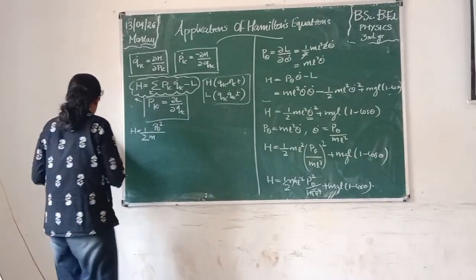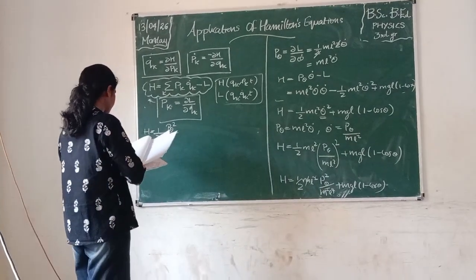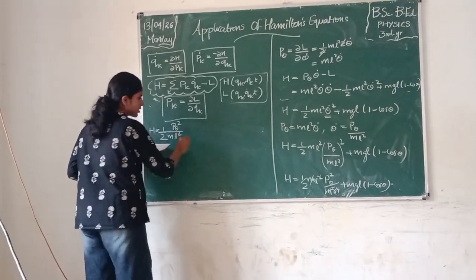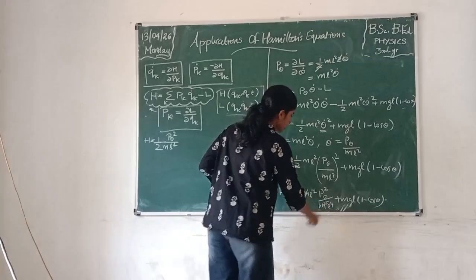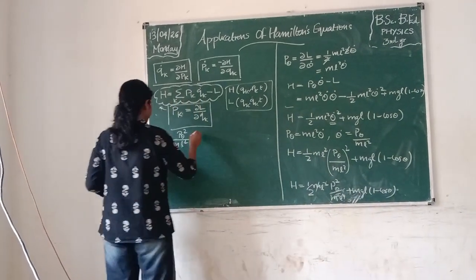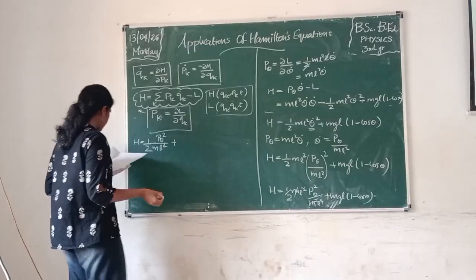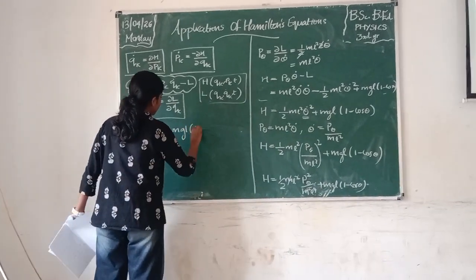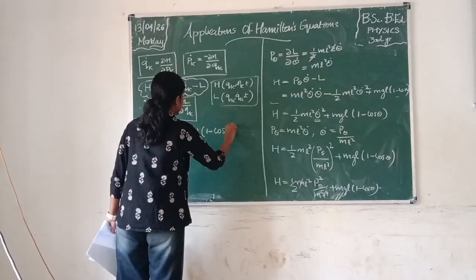So it will be x square plus p theta square by 2m L square plus mgl into 1 minus cos theta.